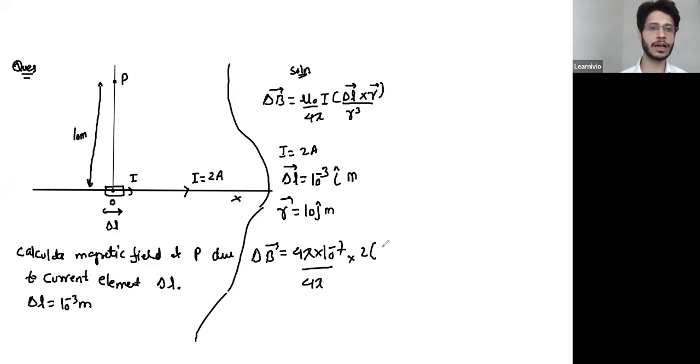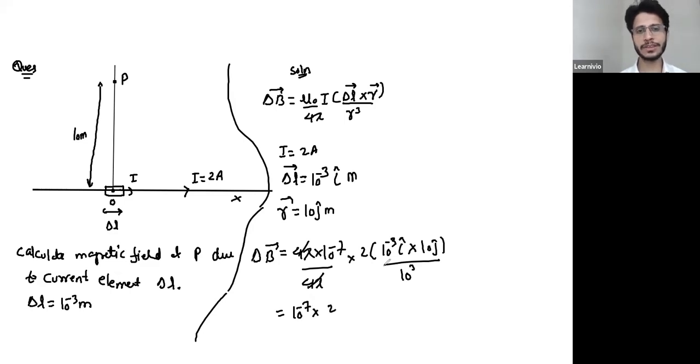Delta L cross R: delta L is 10 raised to the power minus 3 I cap, cross R, which is 10 J cap, over R cube, which is 10 cube. So 4 pi will cancel this 4 pi. I'm left with 10 raised to the power minus 7 into 2. See, this 10 raised to the power minus 3 and this 10 are pure numbers. So pure numbers can be taken out as 10 over 10 cube, and I'm left with just I cross J.